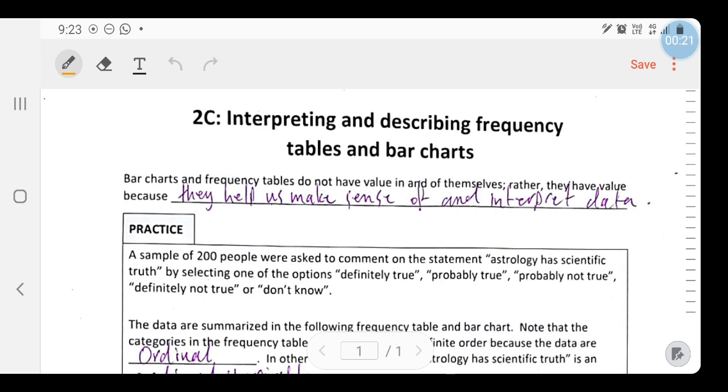Now these things are all good and well, they're useful, but their use is limited if we don't have ways of describing the information contained within these diagrams, okay? It's very easy to look at a diagram, it looks very pretty, but many people look at graphs and tables and all they see is a bunch of gobbledygook.